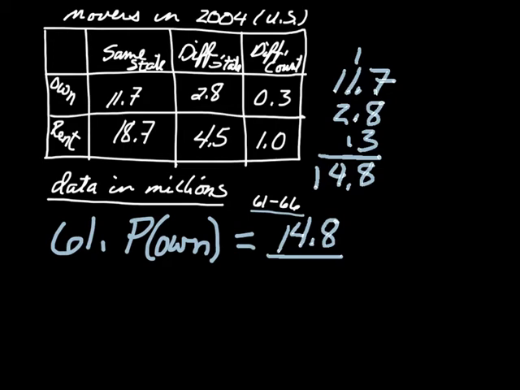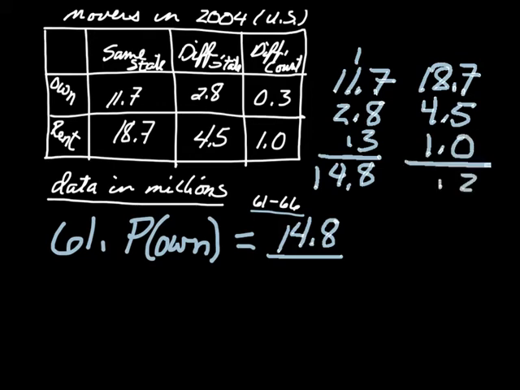And so this represents all the movers. So what I need to also do is add the second row, 18.7, 4.5, 1.0, add those up.